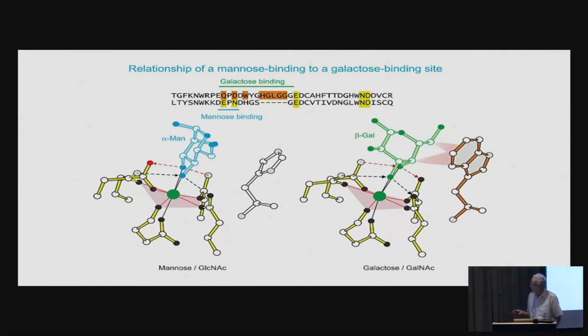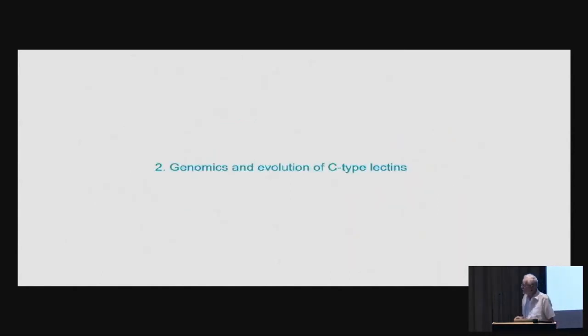In addition, galactose binding sites are often characterized by a hydrophobic packing against a tryptophan residue. So that gives us an ability to make some crude predictions about sugar binding from simple sequence analysis.